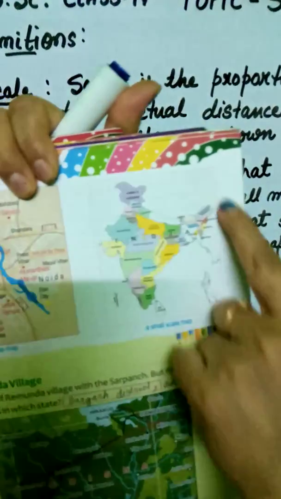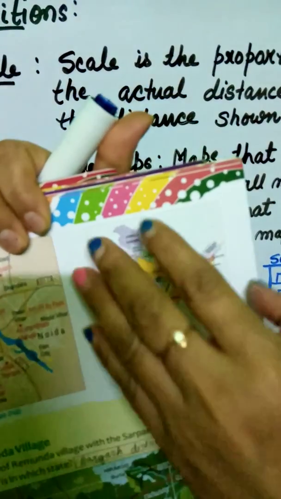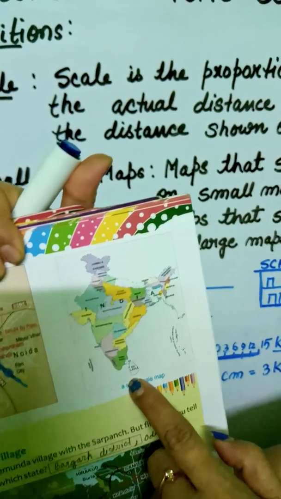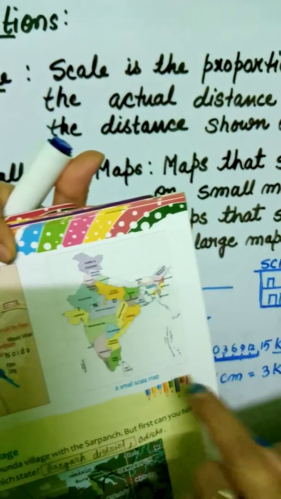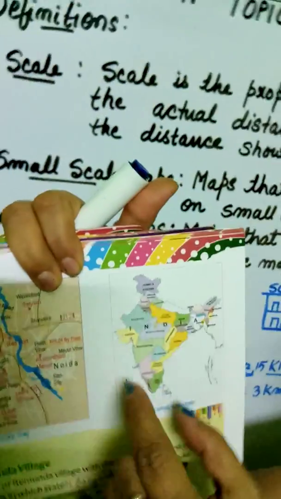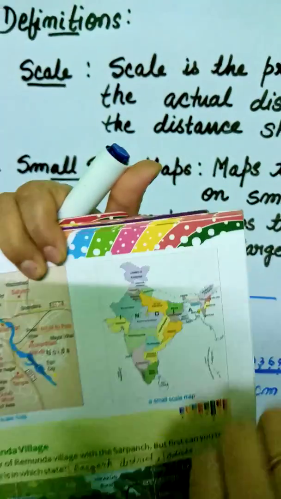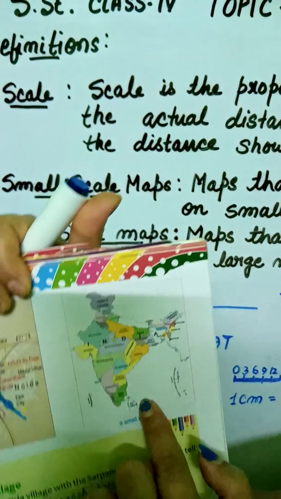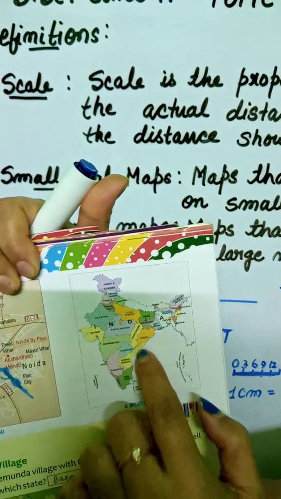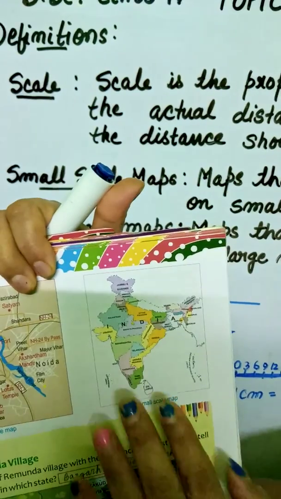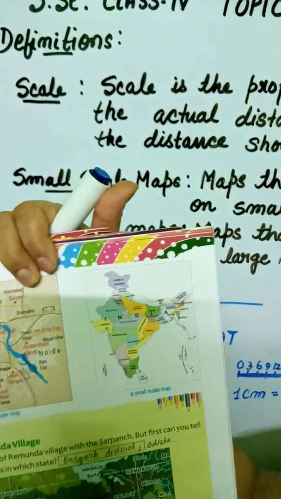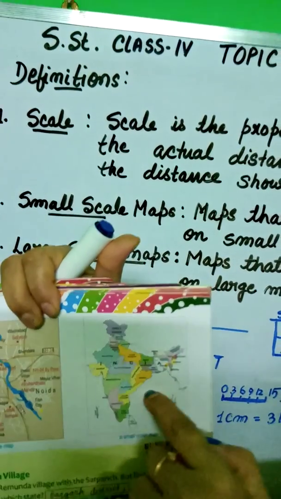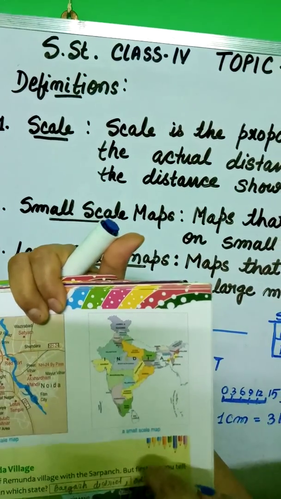This is the map of India. A country has a large area that we show in a smaller size. A large area shown on a small map is called a small scale map.